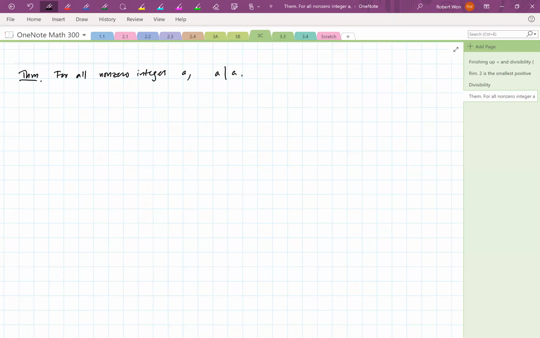You knew this already, but for one thing, let's talk about how carefully you need to write mathematical statements. If I remove the word non-zero here, technically the theorem is false, because if you let 0 be A, we've already said that 0 is not a divisor of any number. So technically, if you leave off one little thing, you've written a false statement.